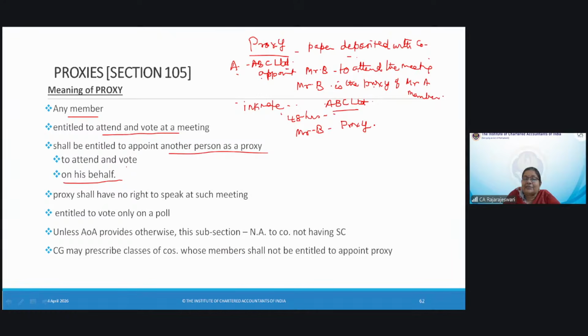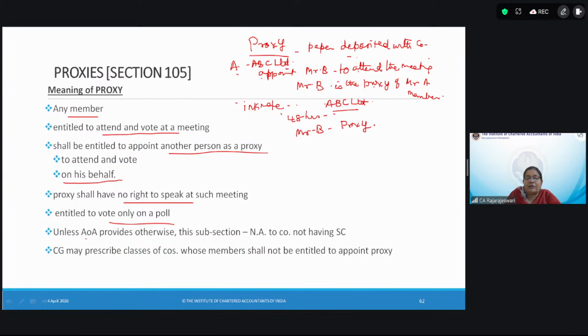See, the proxy has got a right to vote only on poll. When poll is demanded, then the proxy can vote. And the proxy cannot speak at the meeting because he is not a member. He is only a representative of the true member. The member can speak at a meeting, but a proxy has got no right to speak at a meeting.